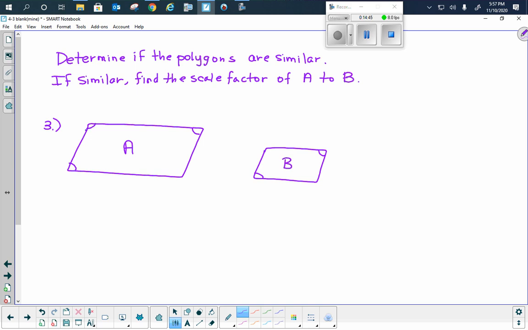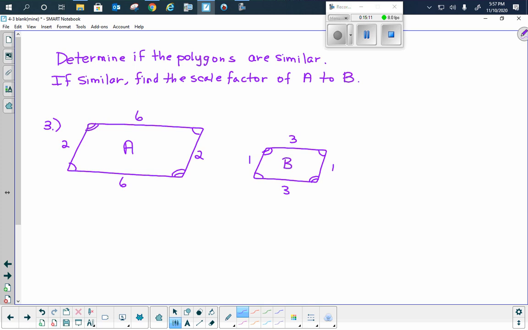And then let's do double marks in these 4 places. Okay, let's put lengths of 2 and 6 in the appropriate parts on A, and lengths of 1 and 3 in the appropriate parts on B. And now you have everything in the picture you need.